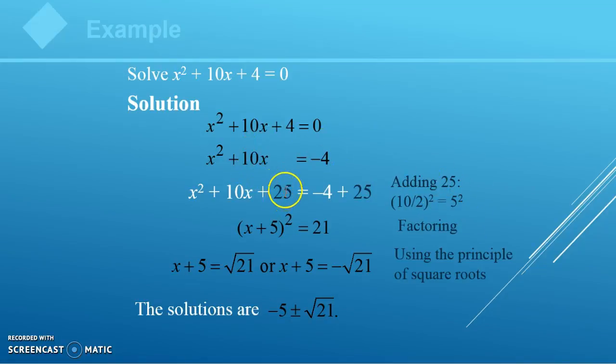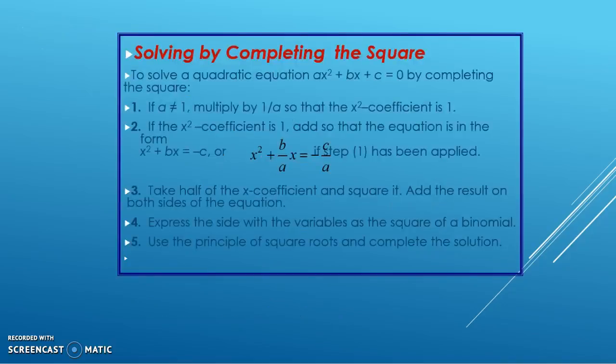Then they added that 25 to both sides of the equation. Now you can see that this is x plus 5 quantity squared. So when we factor this side, we have a perfect square, and it's going to equal 21. Then we can just use our principle of square roots to complete it. Oh, and by the way, I do have a slide that goes through it step by step so that you can see how to do that.